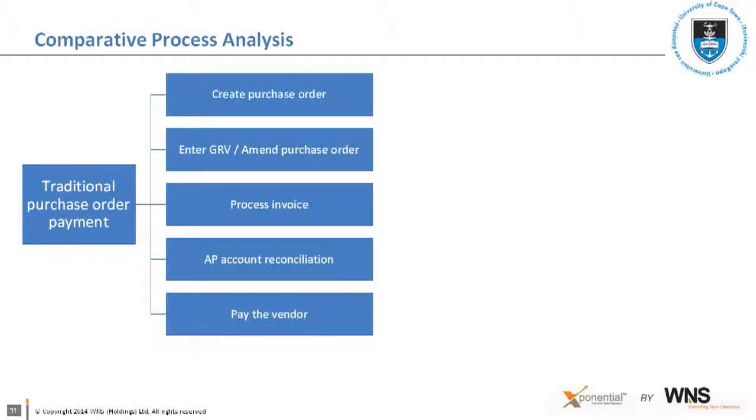So in terms of what we look at, if we look at the comparative process analysis for a traditional purchase order, there are many, many steps. I've just really summarized them here. But there is such potential for rework and problems and queries and changes and so on.